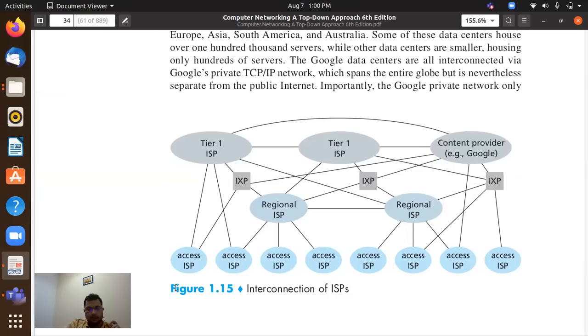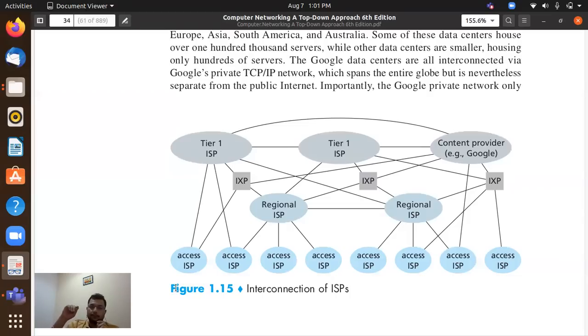But then the problem comes: if there is only a single organization and all other access internet service providers are directly connected to the single tier 1 internet service provider, there will be a monopoly. That tier 1 provider will charge the access internet service providers based on their infrastructure and the engagement, not based on the data traffic which those access service providers pass through the infrastructure.